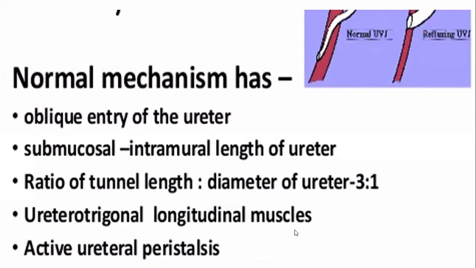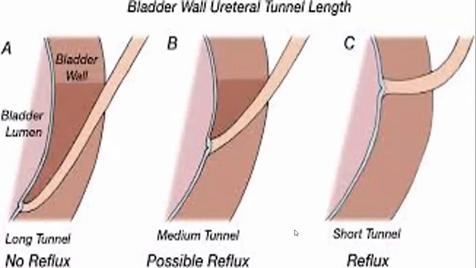So that's the normal mechanism. It should be long, and it should be oblique. It should not be short. If you have a long tunnel, it is presumed that the physiologic valve mechanism is normal. Meaning when the urinary bladder is already filled with urine, it will close so that there will be no reflux. Okay.